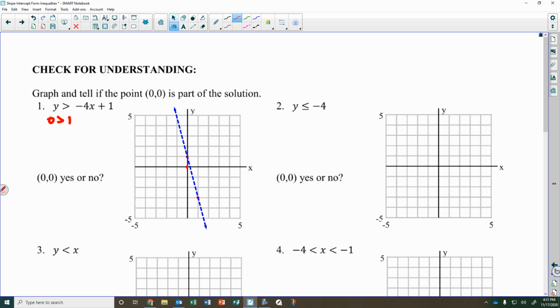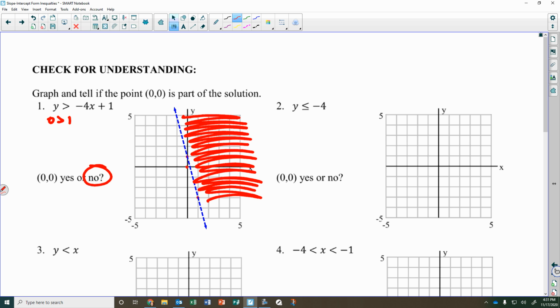Is 0 greater than 1? No. Which means the side of the line where 0, 0 is not a solution, so your points have to be all over here. And they will not include the line because it's dashed.